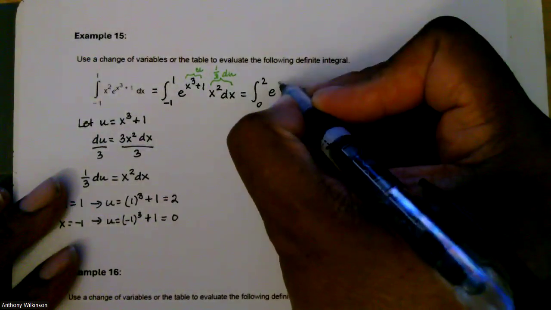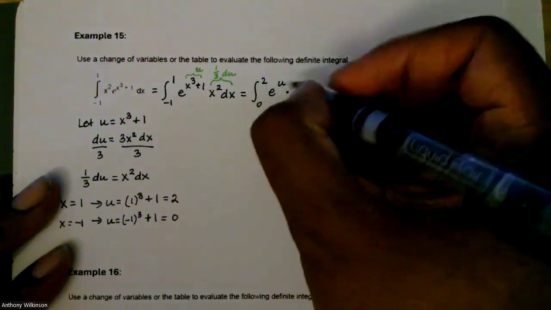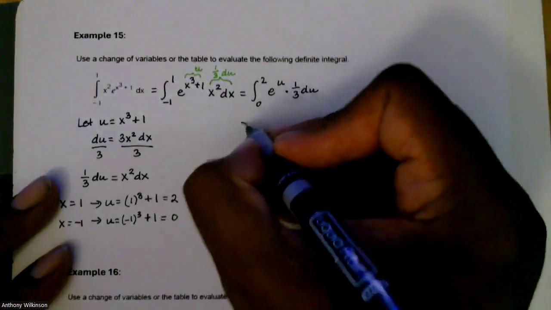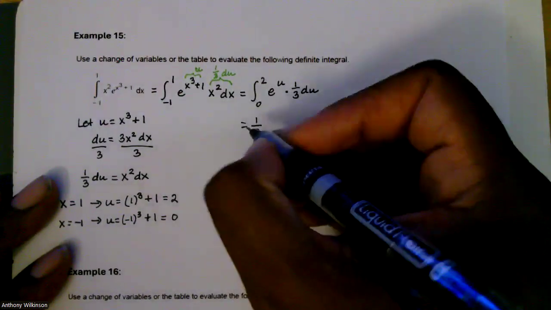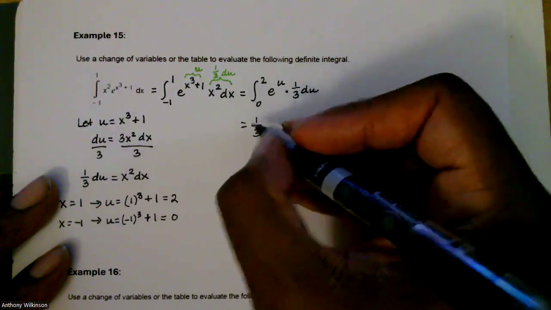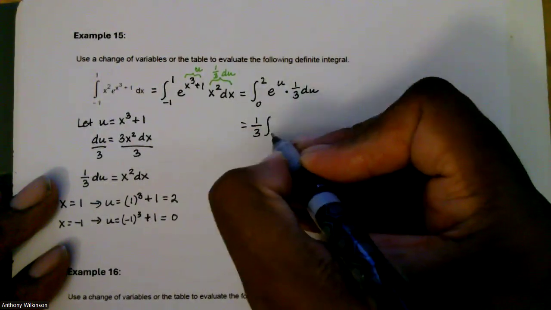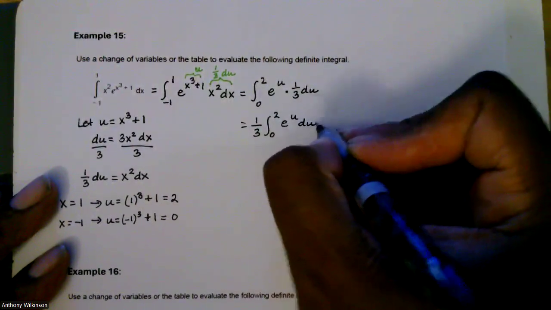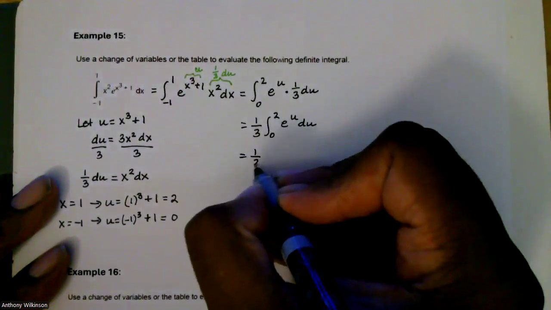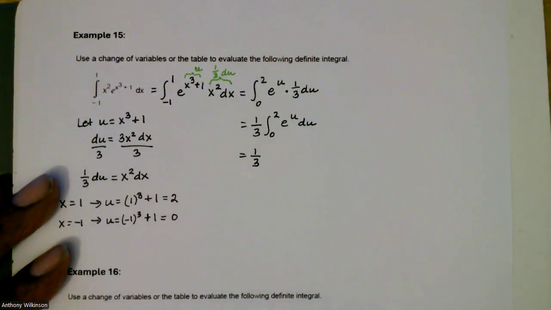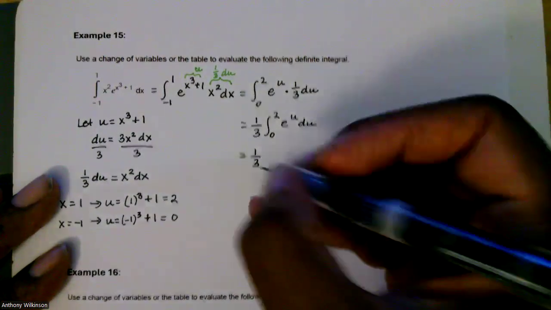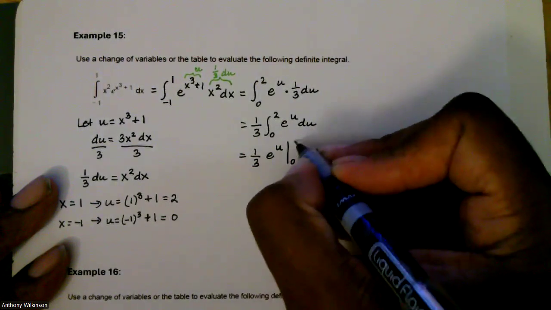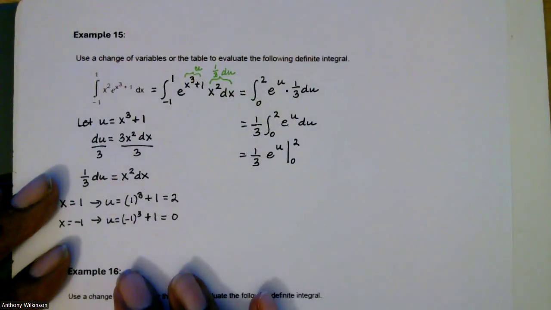This will be e to the u times 1/3 du. And I can pull that 1/3 out in front of that integral sign. So it'll be 1/3 times the integral from 0 to 2 of e to the u du. The integral of e to the u du, that's the simplest integral, which is, of course, e to the u. And this will be from 0 to 2.